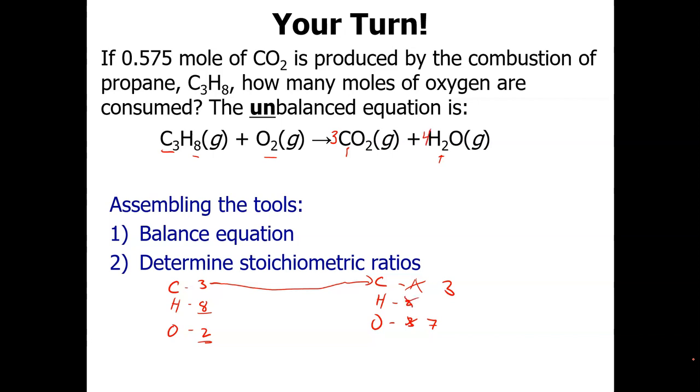Now we have 8 hydrogens, so this is correct so far. And now we have to update this number: 6 plus 4, we have 10. So now we have too many oxygens on one side. We can fix that by going back over here and making a 5 there, and that's 10. And now this equation is balanced.